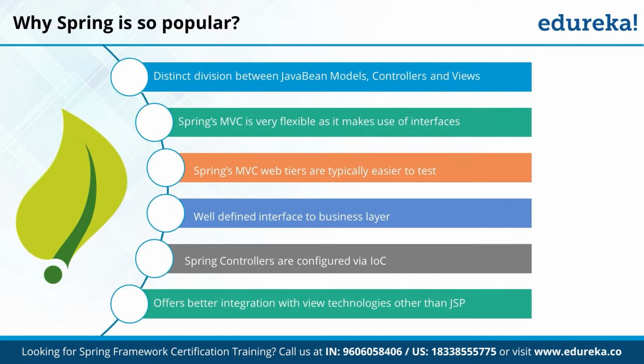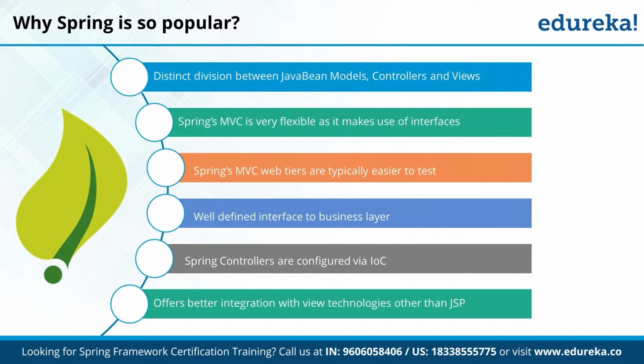Now, why so? So guys, number one, distinct division between Java Bean models, controllers and views. So what I'm trying to say over here is that Spring is basically an MVC architecture. So model, view and controller. All these three are different divisions, right?